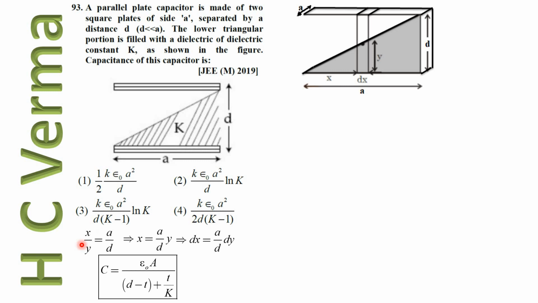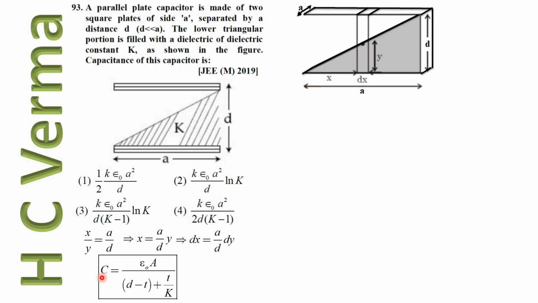Base x by perpendicular y equals base a upon perpendicular d. So we can write, taking y to this side, x equals a by d into y, and differentiating both sides, here you get dx. a is a constant and height d is also constant, so the constants come out, and y on differentiating gives dy. It is going to be used later on, as we'll see further.